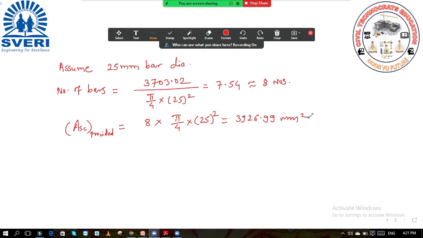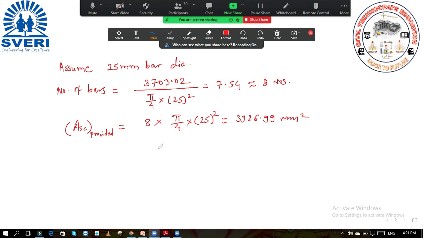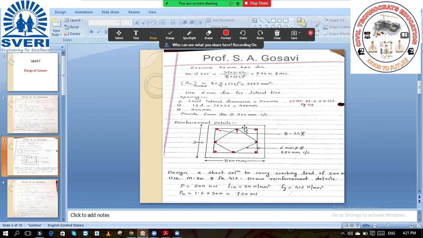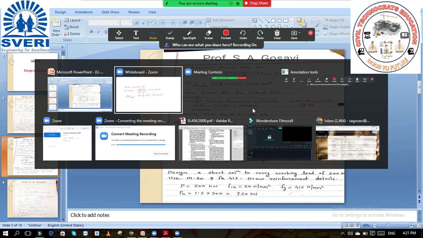Okay. So moving further now. So ASC provided, we have calculated the value of ASC provided. Now we know the area of steel. Okay, so this is the area of steel, number of bars, 8 bars we have calculated. Now this is our longitudinal reinforcement. Now transverse reinforcement.